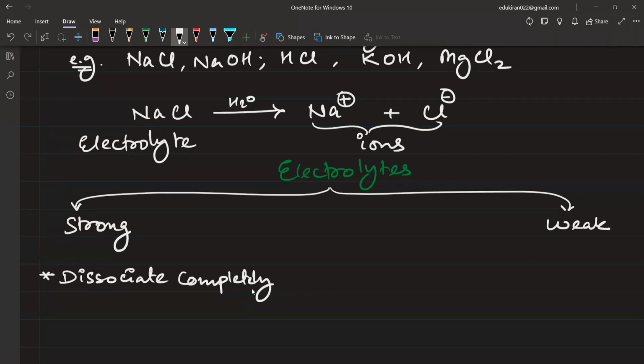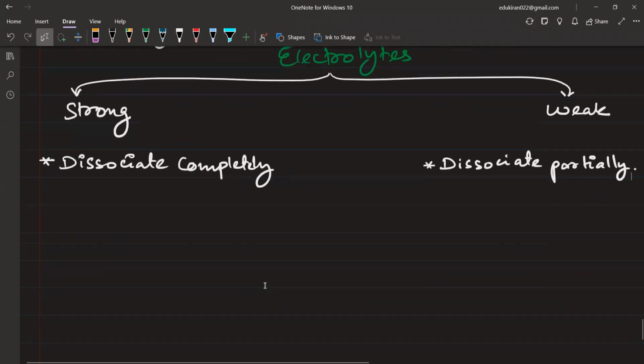Weak electrolytes dissociate partially. Okay, look carefully. I'm giving examples. Try to at least remember one or two of them, in strong as well as in weak.